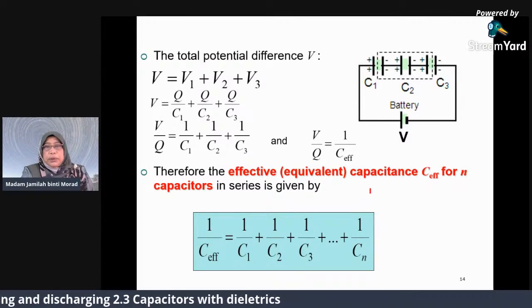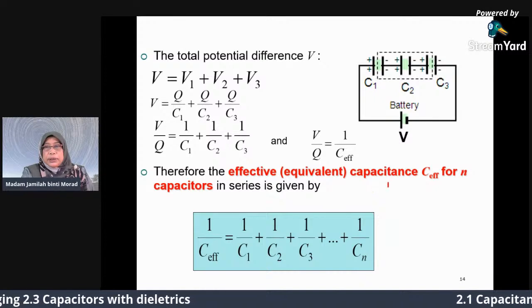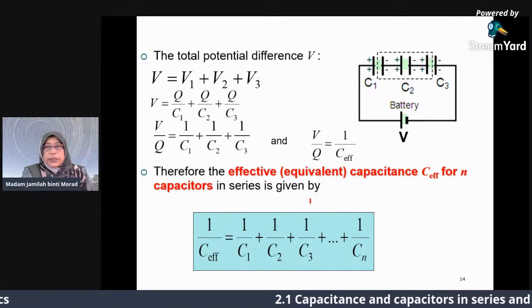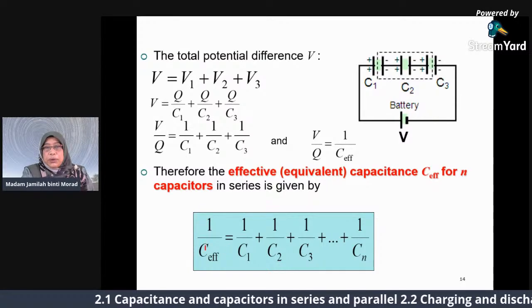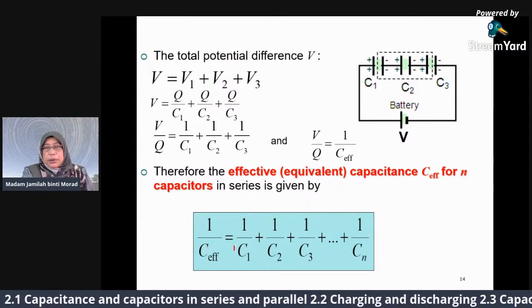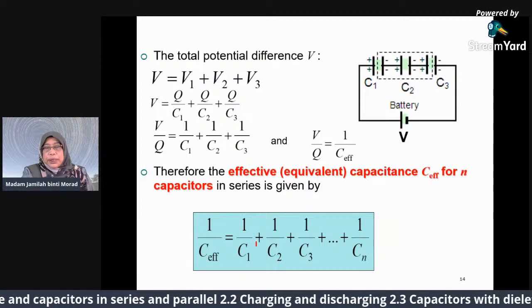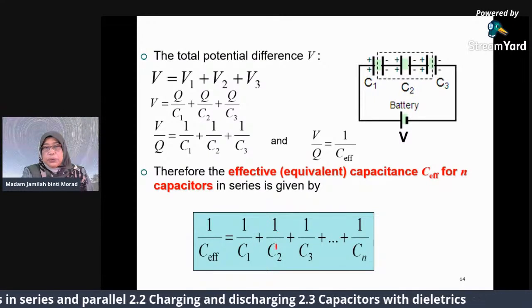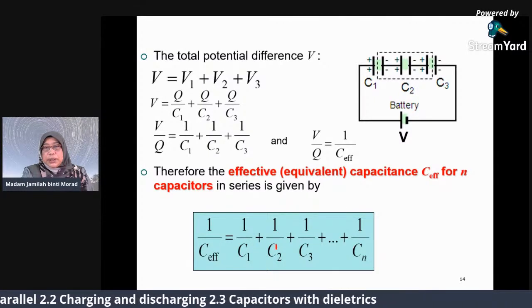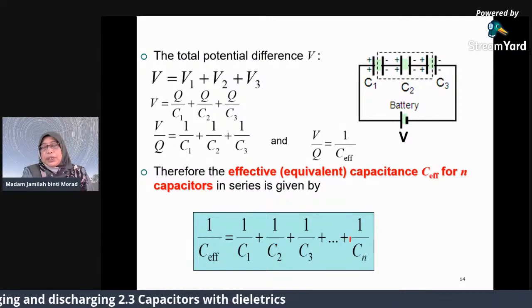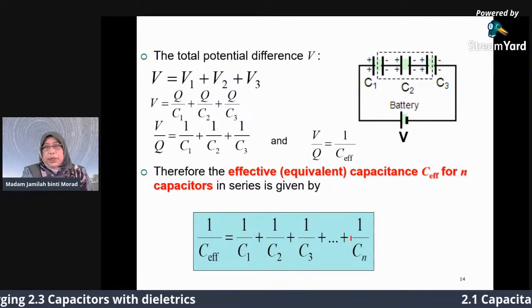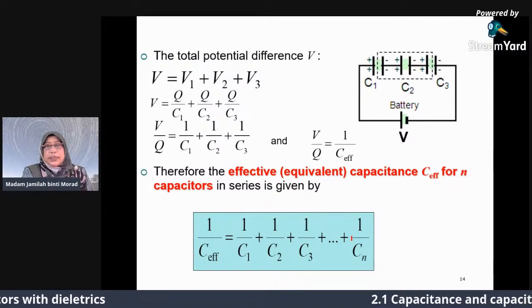So the effective or equivalent capacitance for any number of capacitors in series is given by this equation: 1 over C effective equals 1 over C1 plus 1 over C2 plus 1 over C3 and so on, for however many capacitors you have arranged in series.